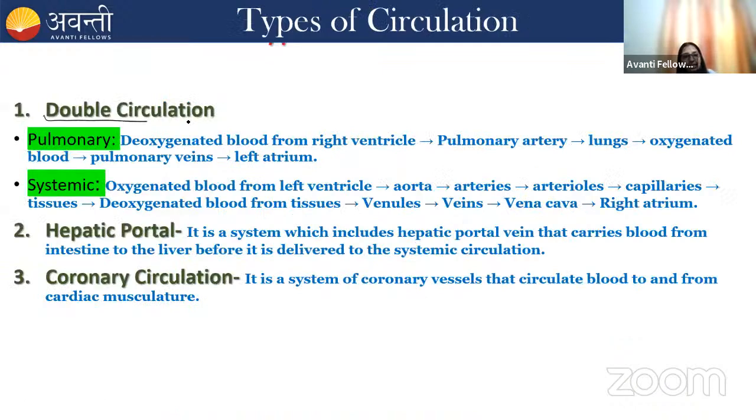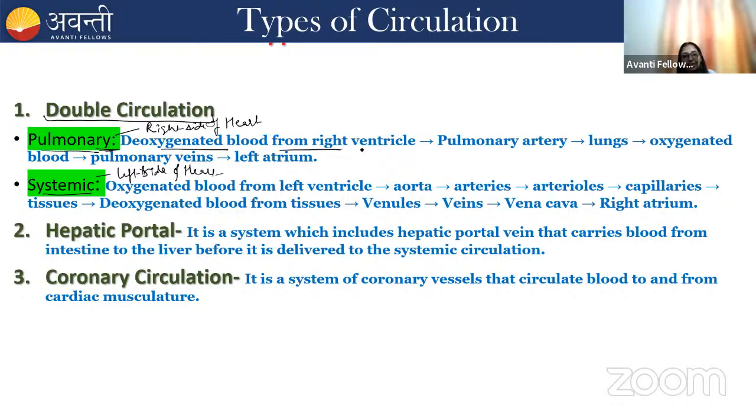Moving next is the double circulation. Double circulation consists of pulmonary and systemic. Pulmonary means the right side of the heart, this is taking place on the right side. Systemic is the left side. So in pulmonary, what happened?